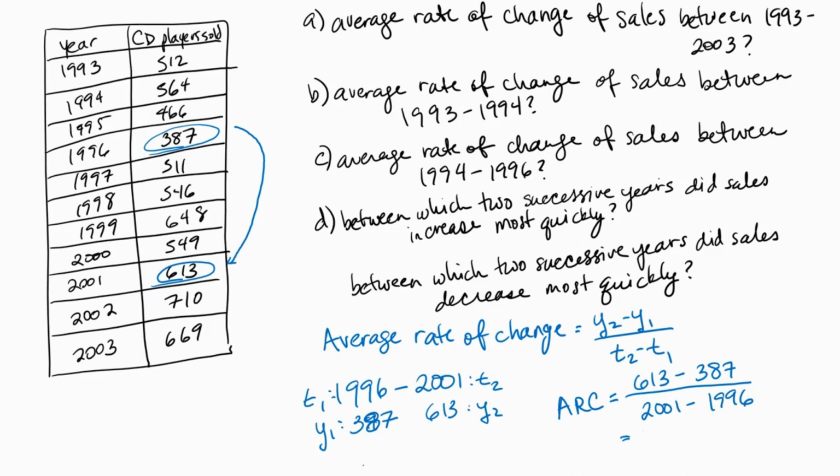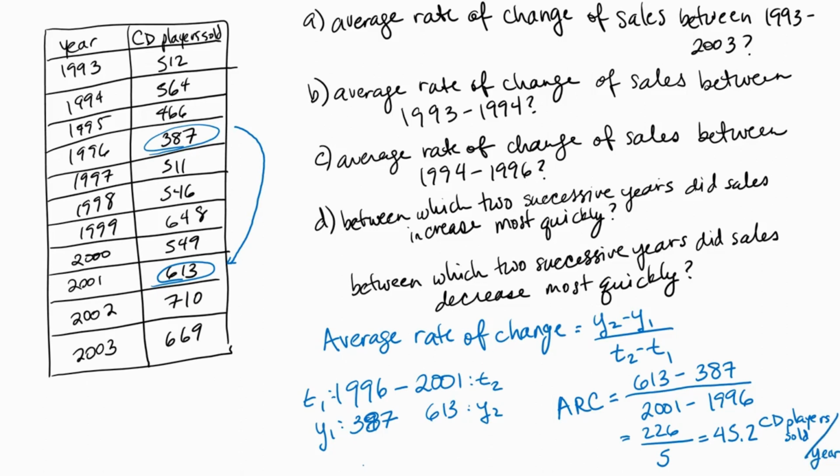It is 226 over 5 years, since there's 5 years between 1996 and 2001. If we do that as a division problem, we get 45.2, and that would be CD players sold per year over this specific time period. So for A, B, and C, that's how you're going to solve that.